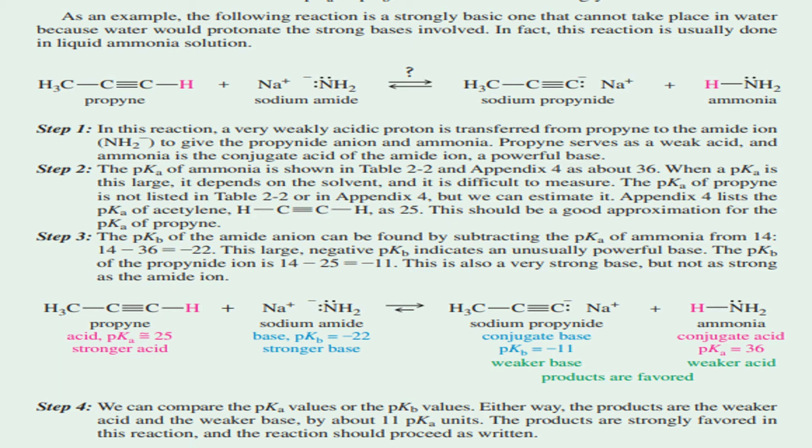This is also a very strong base but not as strong as the amide ion. Step 4. We can compare pKa values or pKb values. Either way, the products are the weaker acid and weaker base, by about 11 pKa units. The products are strongly favored in this reaction and the reaction should go to completion.